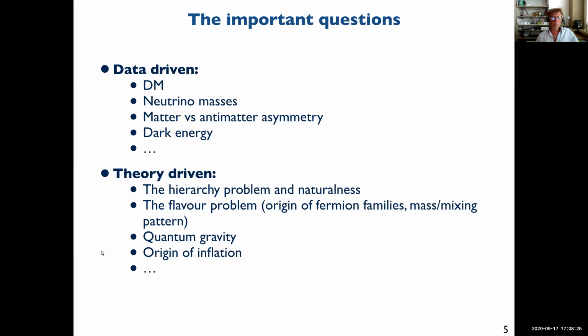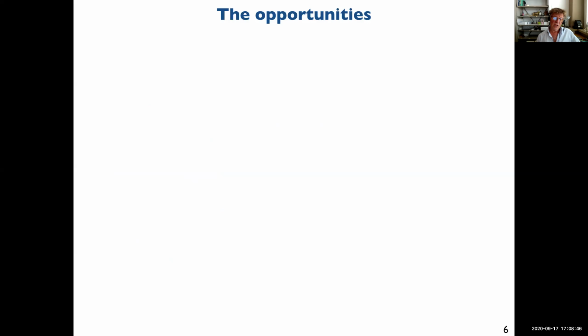So, what are these important questions? Well, we know very well there is the question of dark matter, neutrino masses, etc. There are theory-driven questions, the hierarchy problem, the flavor problem, the origin of the fermion families, quantum gravity. So these are the questions, and they're common to all of the branches of high-energy physics.